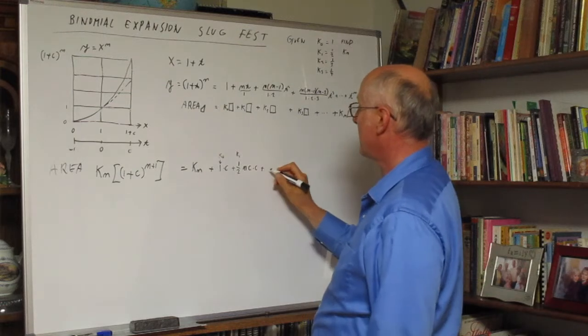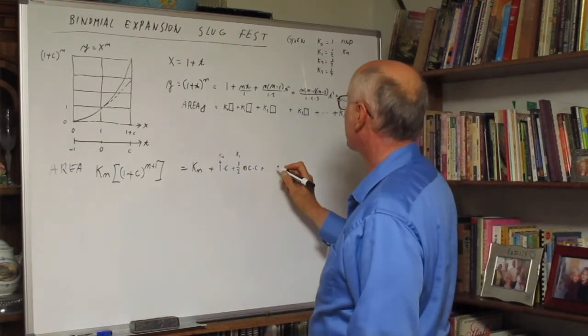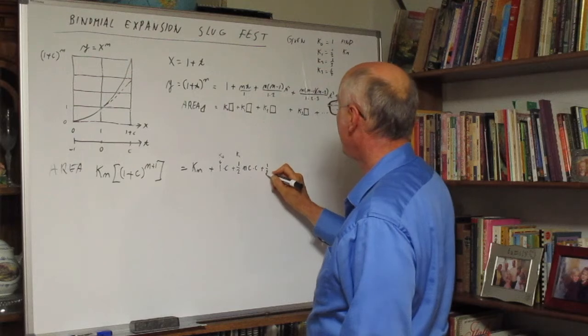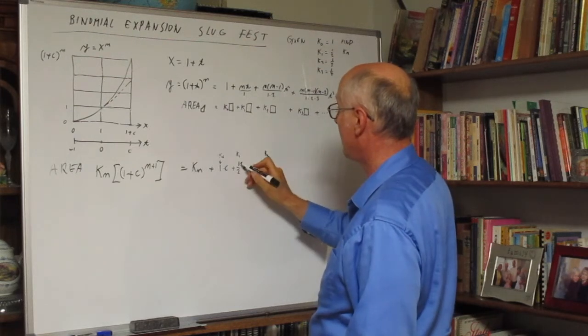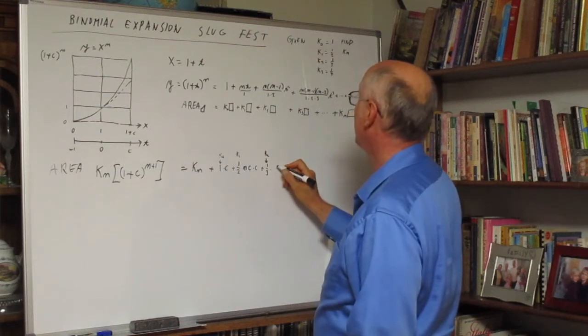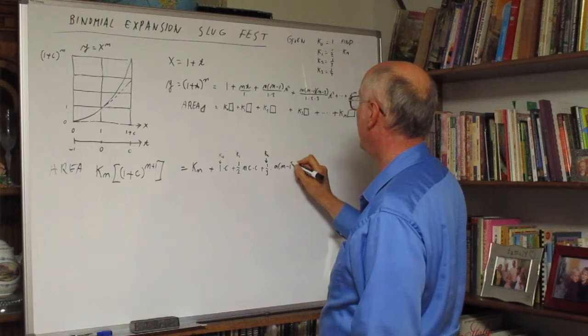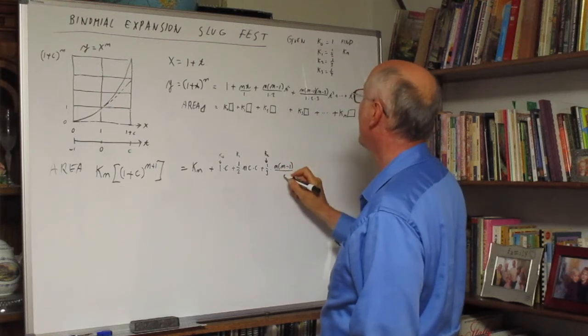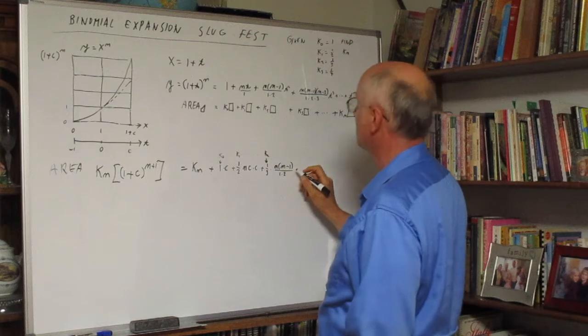Plus, the quadratic is going to give us 1/3, which is our K2, right? Times n minus 1 over 1 times 2.